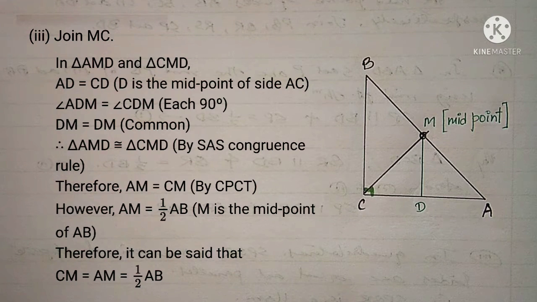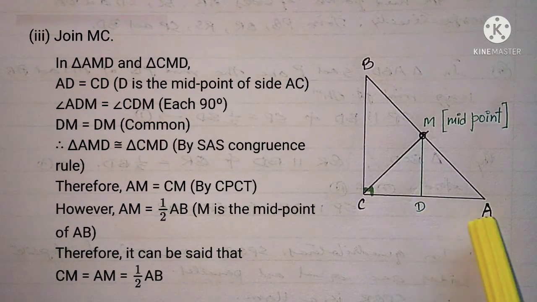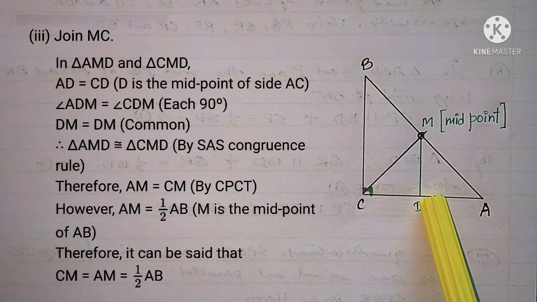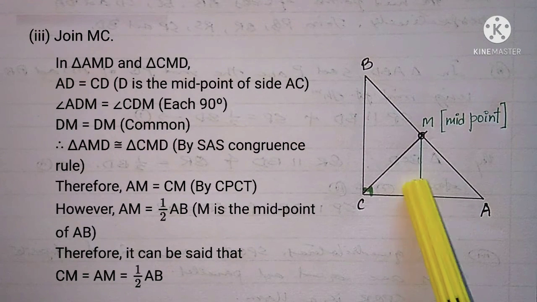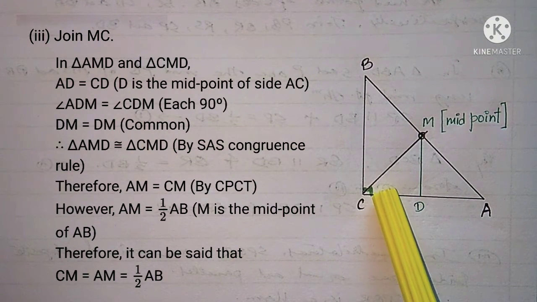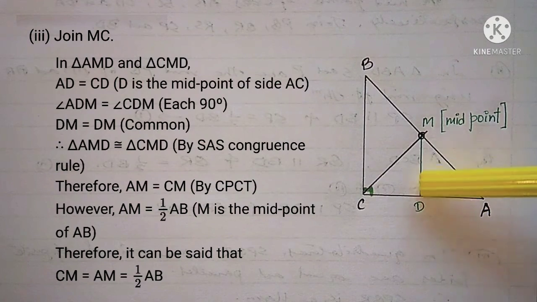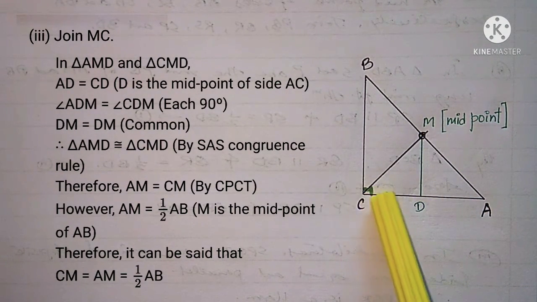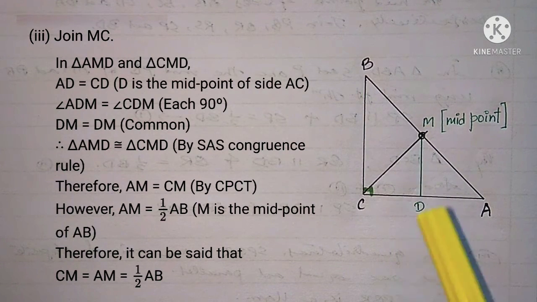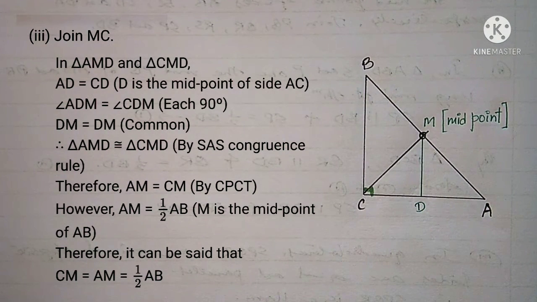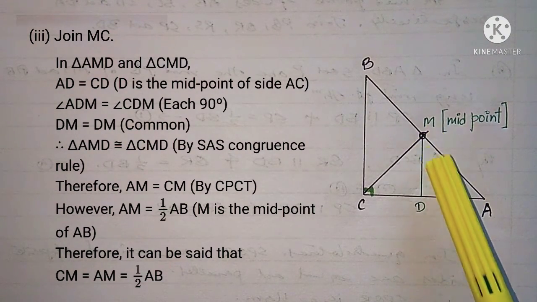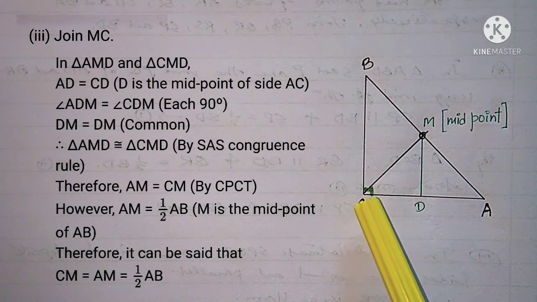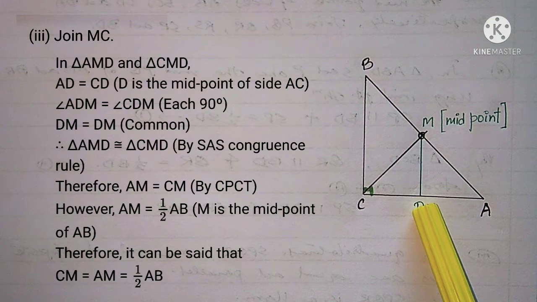So first CD equals AD, secondly this angle is equal, and third this one is a side. So which congruence rule can we apply here? Side angle side. So we apply the side angle side congruence rule, and then we write AMD congruent to CMD. Is it clear?